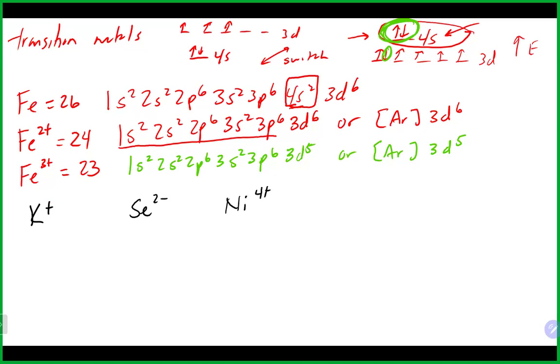And let's do a Mn with a +2 charge. All right, so give those a go. In case you don't have a periodic table, potassium's atomic number is 19. Selenium is 34. Nickel is 28. And Mn is 25, I think, actually.